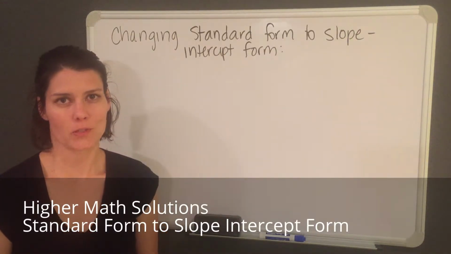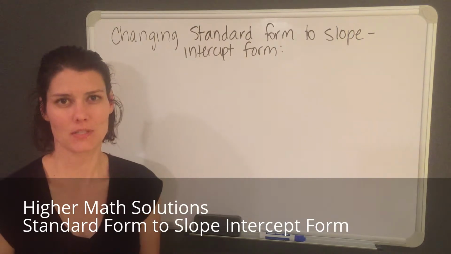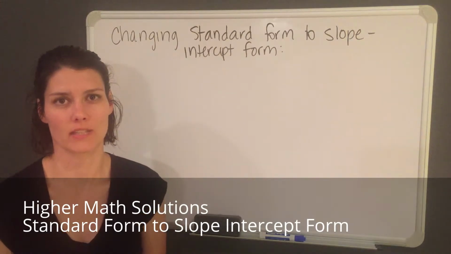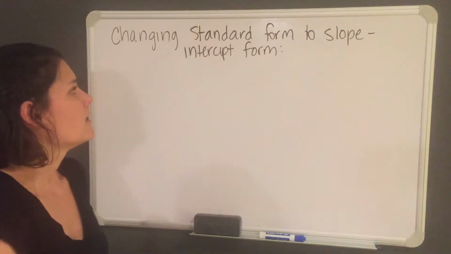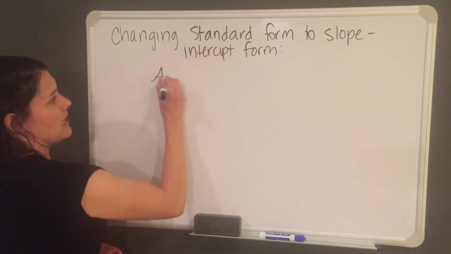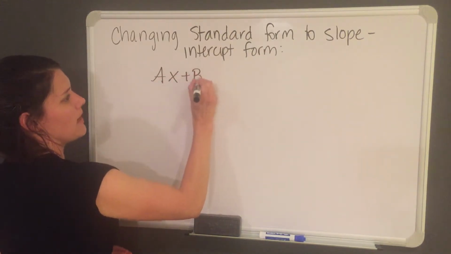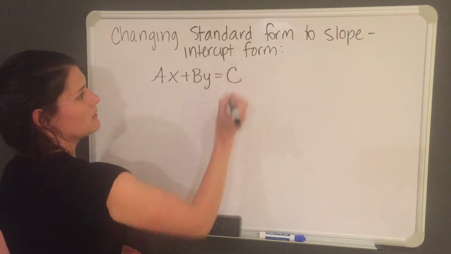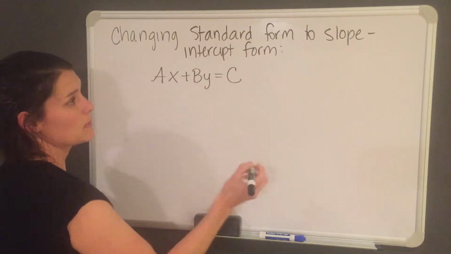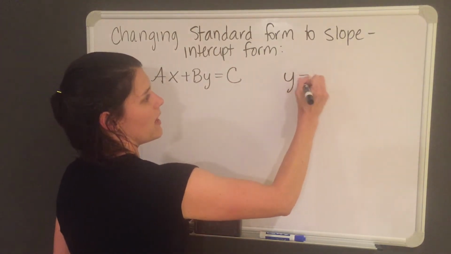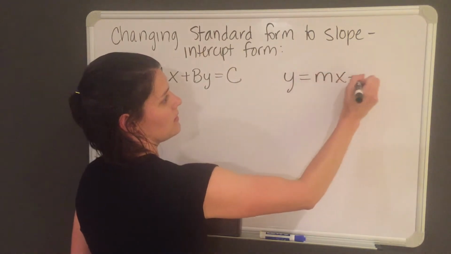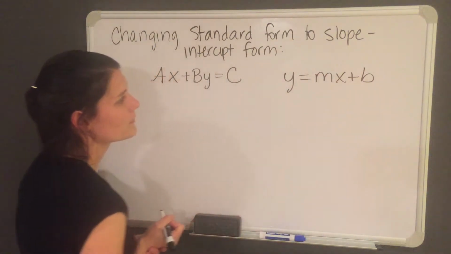This video tutorial will go over how to change standard form to slope-intercept form for linear equations. Standard form is ax plus by equals c, and slope-intercept form is y equals mx plus b.